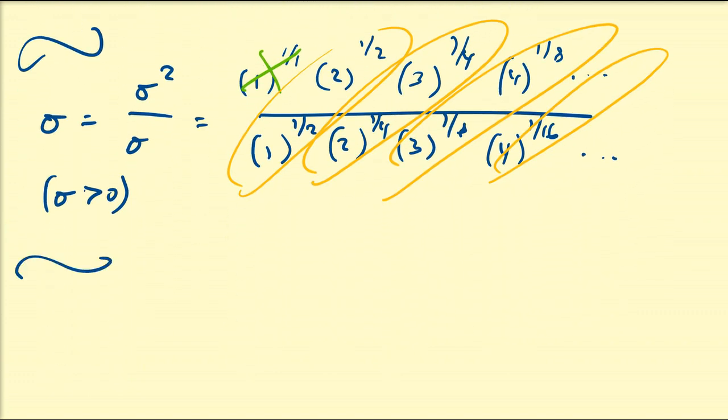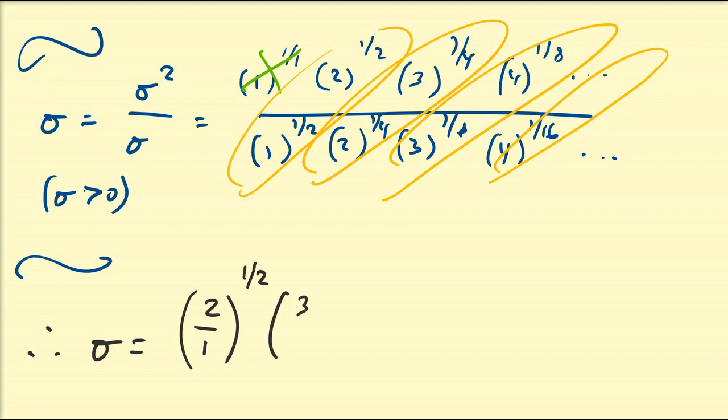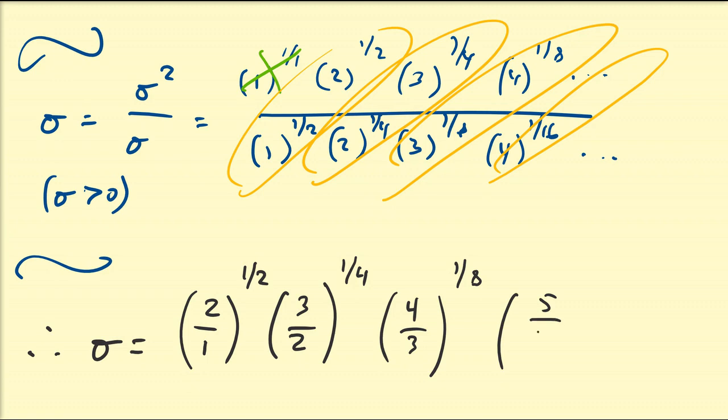So I have, instead, sigma is going to be equal to 2 over 1 raised to the 1/2 times 3 over 2 raised to the 1/4 times 4 over 3 raised to the 1/8. Next will be 5 over 4 raised to 1/16, and so on.